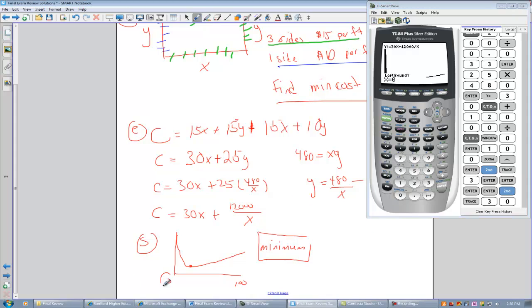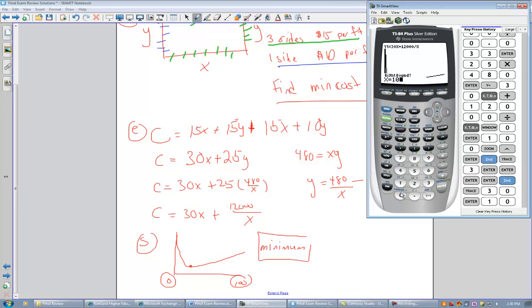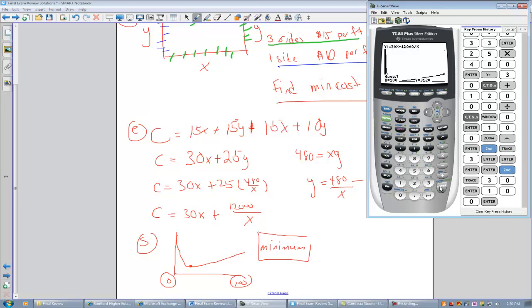You can see here, here's 0. And then for right bound, 100 is definitely to the right. So hit enter there, and then 100, enter. And then for a guess, just hit enter, and it'll jump right to it. So in this case, it says x is 20, and y is 1200. And now be careful, the y here and the y up here are not the same thing, right? The input is x, and that is the same thing as our x here, but the output y is actually the cost.